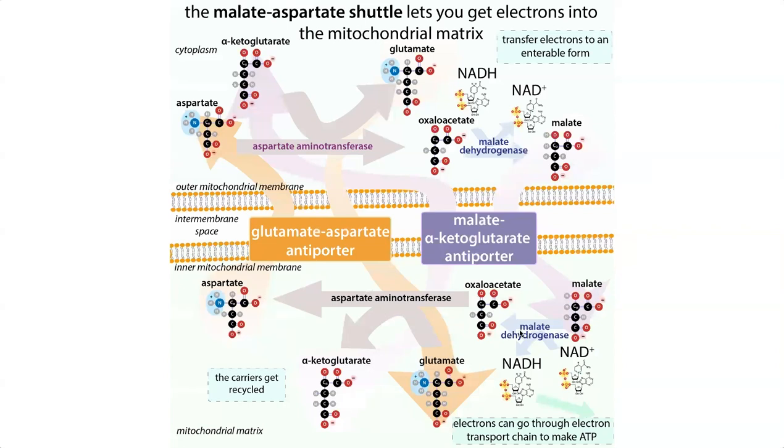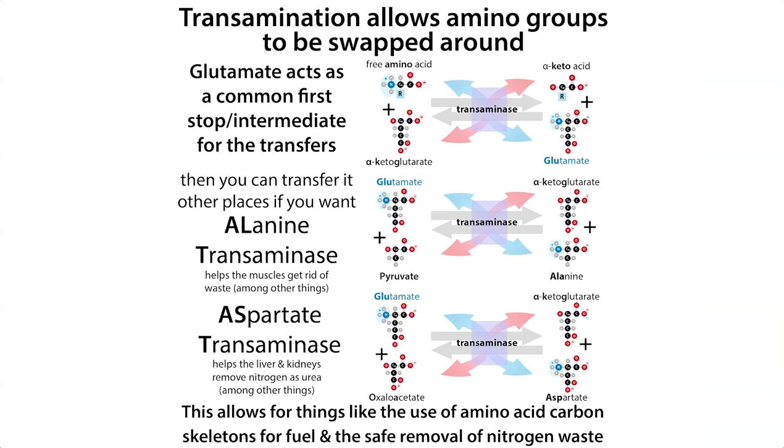How we're going to do this is using an aminotransferase, in this case, aspartate aminotransferase, or AST. If you've heard about your liver enzymes, AST is one of them, and basically aspartate aminotransferase is a really important enzyme, and it is used as one of the main transaminases, where basically you take an amino group from something and you pass it on to something else to give you something else.